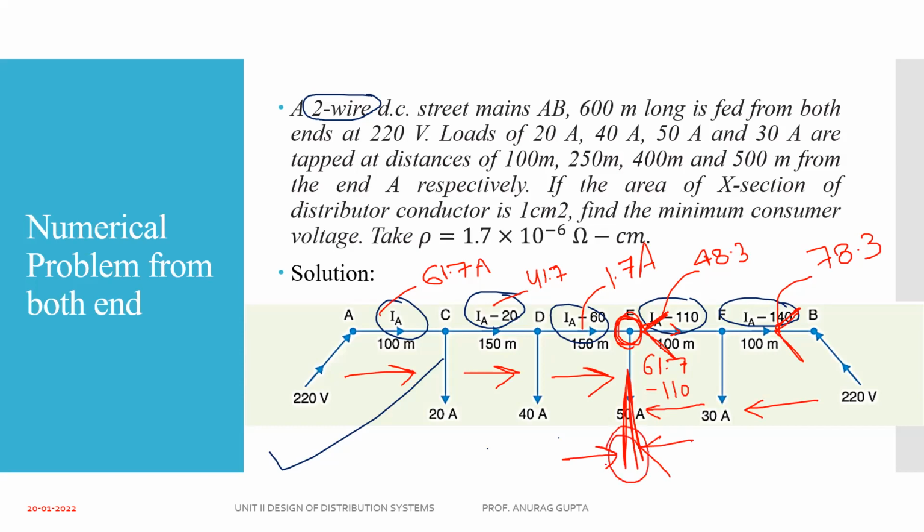So that's why this is the point of minimum potential. Clear? Got it? Are you getting my point? Why is E the minimum potential point? Have you got my concept here? Why have we called E the minimum potential point? Because at point E we get the sum of both directional currents.